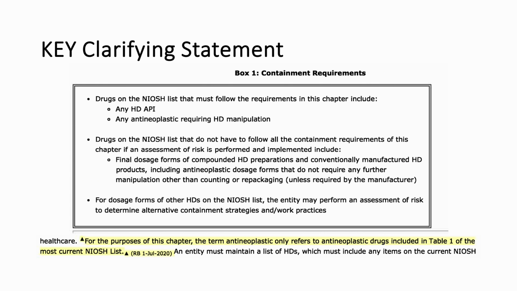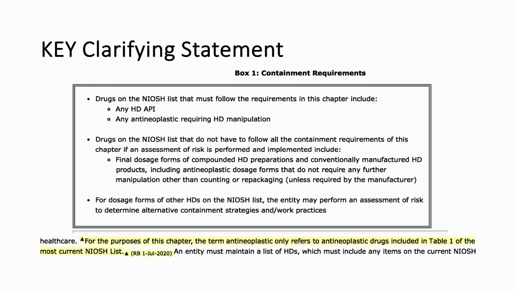These are concentrated powders and liquids used to compound drugs into a dosable form, or any antineoplastic drug requiring manipulation on table 1 of NIOSH. Note there are 3 factors here. It has to be an antineoplastic that's requiring manipulation and appears on NIOSH table 1. Pretty much all other drugs can be assessed out of USP 800 as long as we can put in some other process in place to allow us to keep our employees safe.